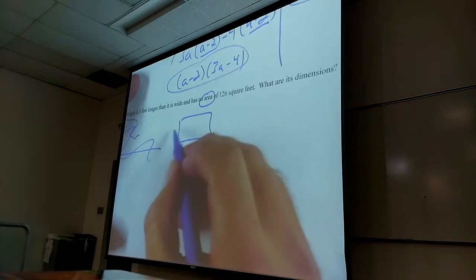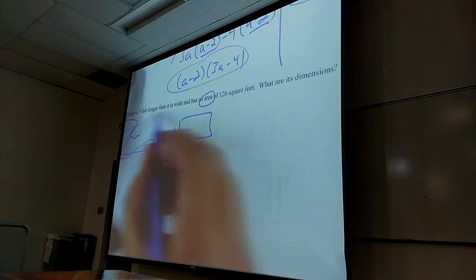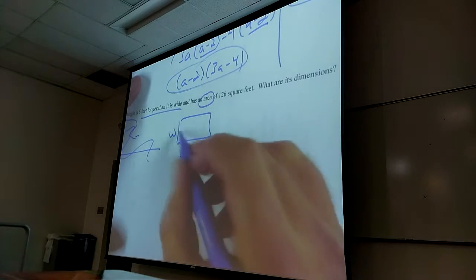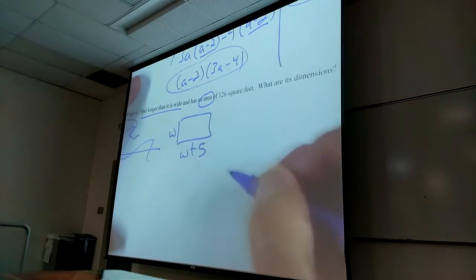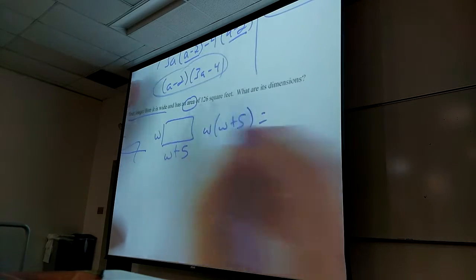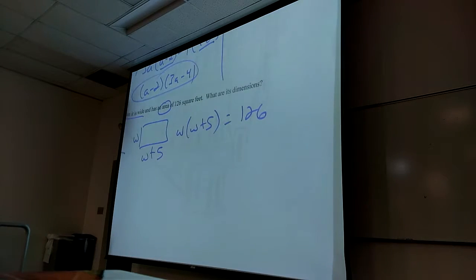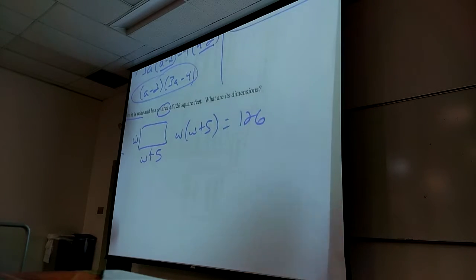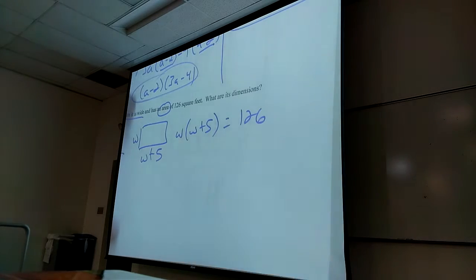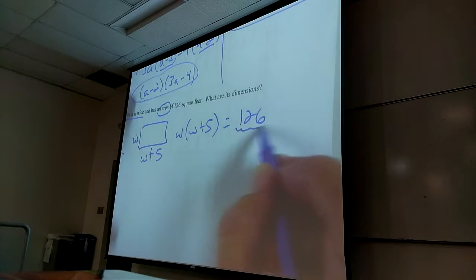So if the width is W, what's the length? W plus 5. W plus 5. And the area is going to be the product of those two things. And I know the area is 126. At this point, I always have somebody go, W equals 126 or W plus... But no. The only number that works like that when it's over here is 0.